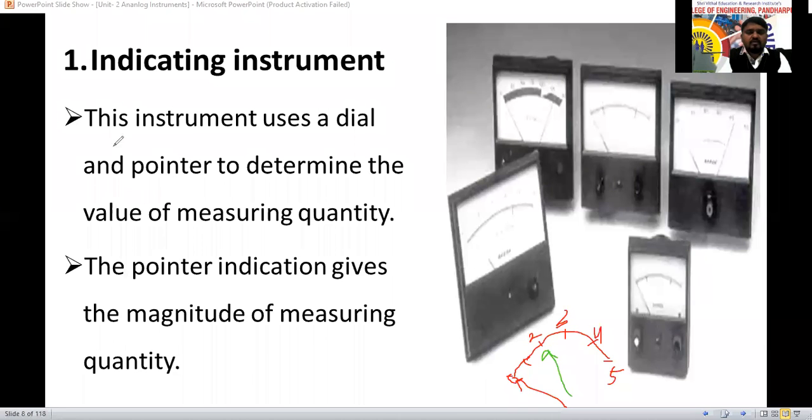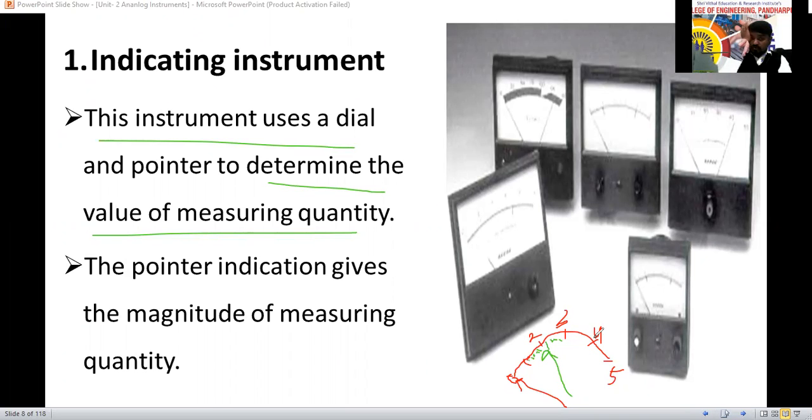So the instrument uses a dial here. Now the dial is nothing but the predefined scale, whatever this value is. This is the dial here. And pointer means this is the pointer we are going to use here to determine the value of the measuring quantity. Just to measure the value of the measuring quantity, it is going to indicate that one.